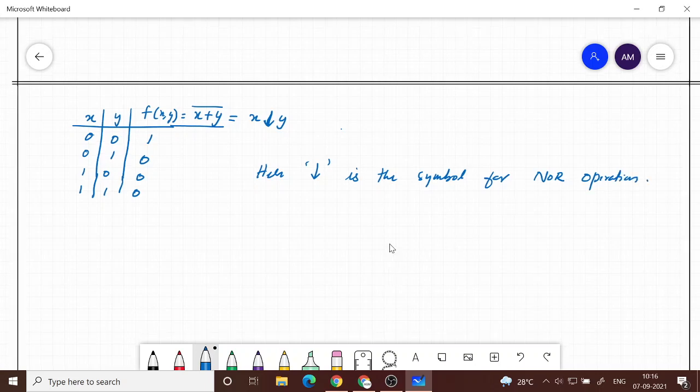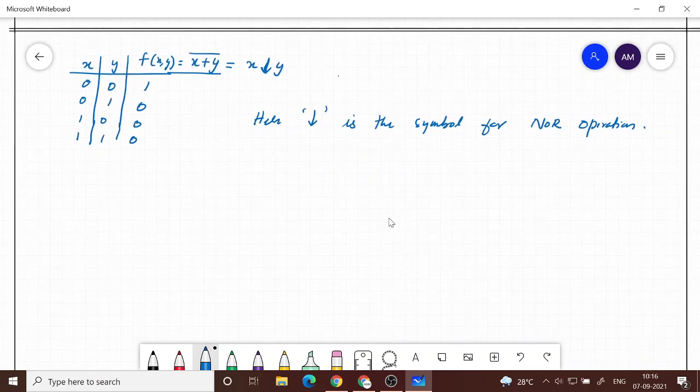Now the question is, can we have this possible? Does this exist, or is it correct to use like this? Now if it has to be correct, then as I told you, you should have the associative property satisfied.